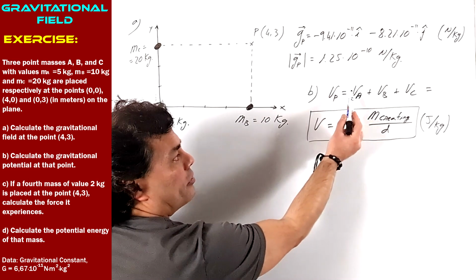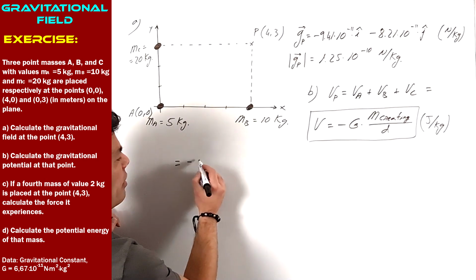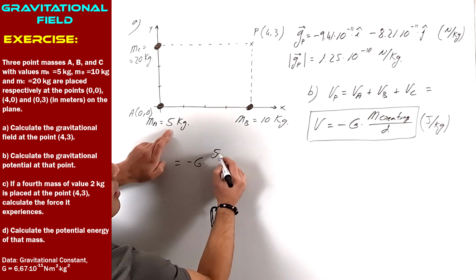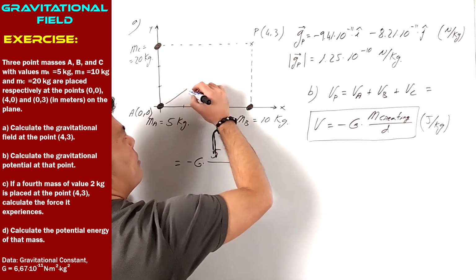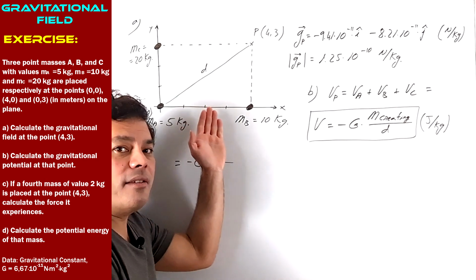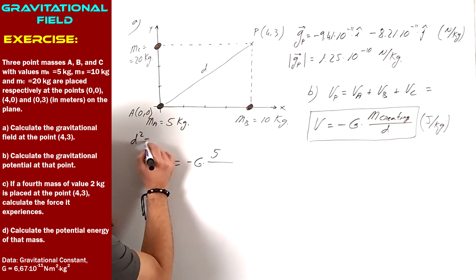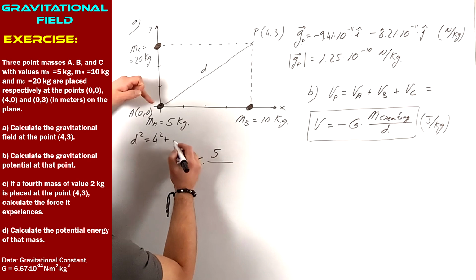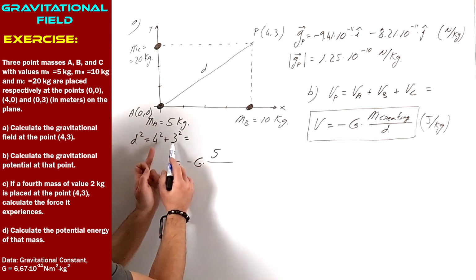Having said that, let's calculate the different potentials. The first one, potential caused by the first mass, equals negative G multiplying the first one, 5 kilograms, divided by the distance from point P to mass A. This distance we are obtaining using the Pythagorean theorem, distance squared equals this leg squared, 4 squared, plus the other one also squared, 3 squared, which is 25.